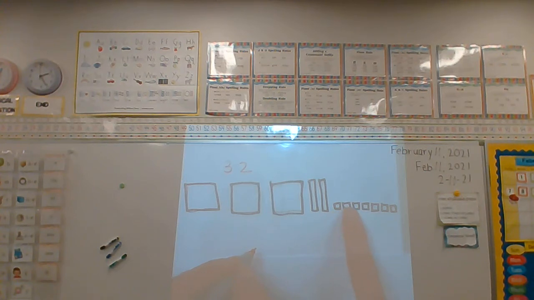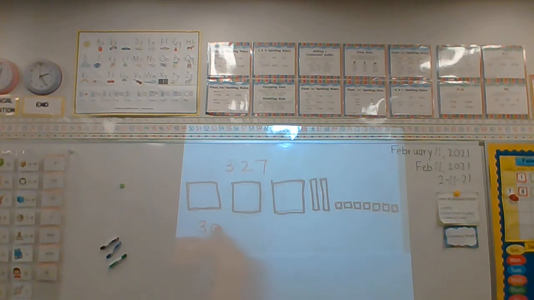Count with me. 1, 2, 3, 4, 5, 6, 7. So this picture shows what number? 327. And we can write that number in expanded form. When we expand it, we're going to stretch it out. We're going to see 300 as its own number, plus 20 as its own number, plus 7. So here he is regular, here he is in expanded form. We stretched him out.